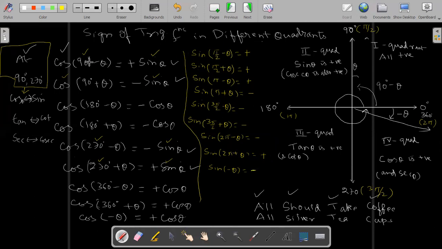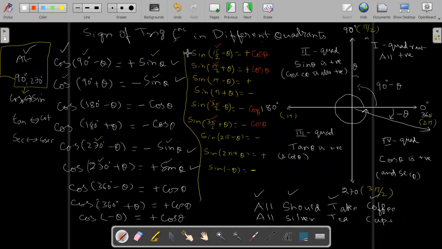Now you have to check. Just remember 90 degrees and 270 degrees. At these two points, sine will become cos theta. So sine 90 minus theta and sine 90 plus theta become cos theta, sine 270 minus theta becomes minus cos theta, and sine 270 plus theta becomes plus cos theta.